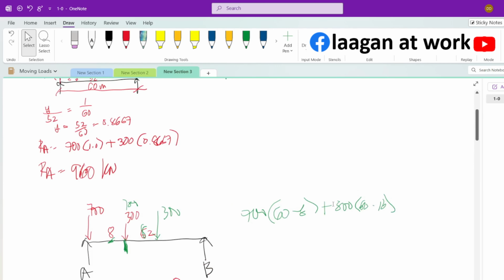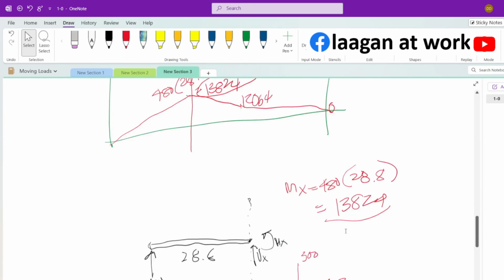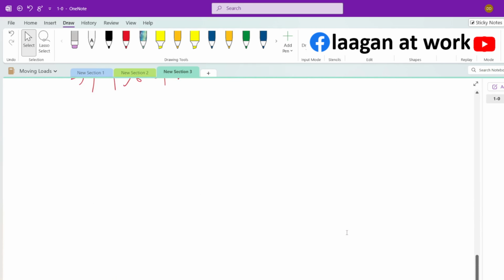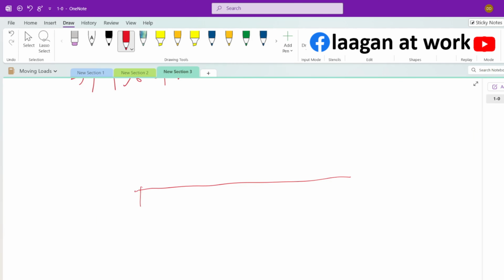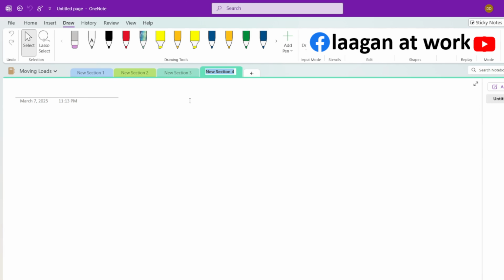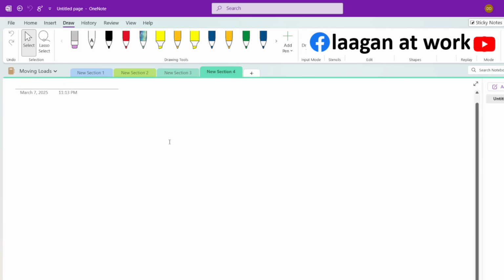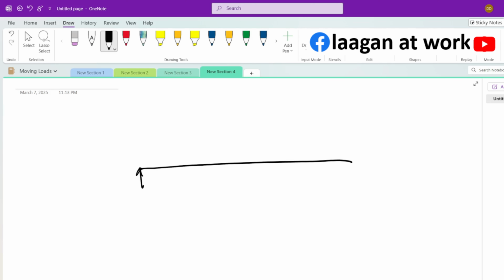Even if we do a check, for example, what if we position the biggest load at the center? What will happen now is, say, for example, this is your bridge girder.